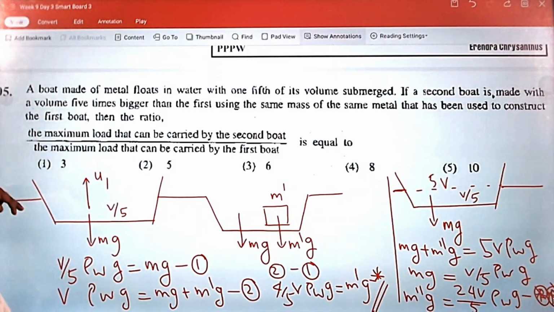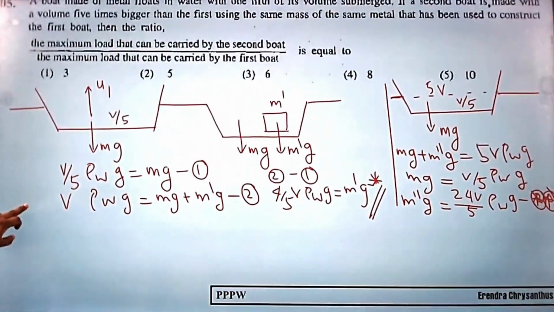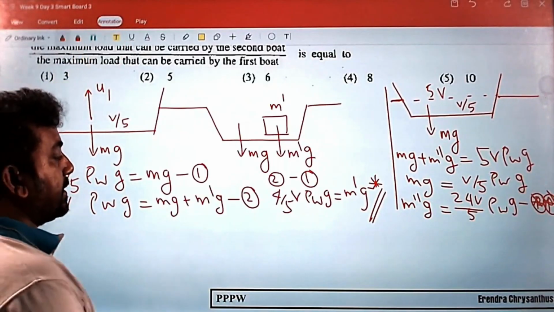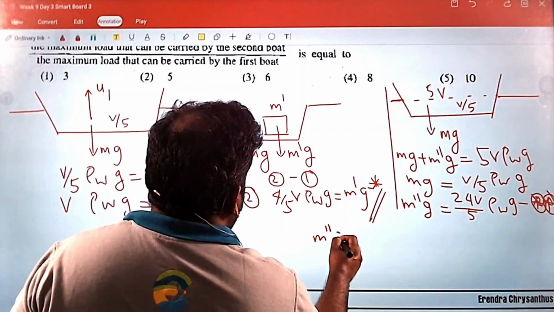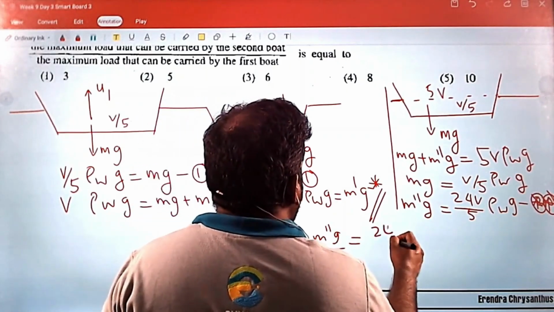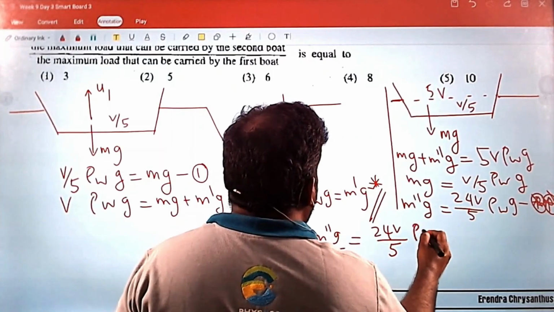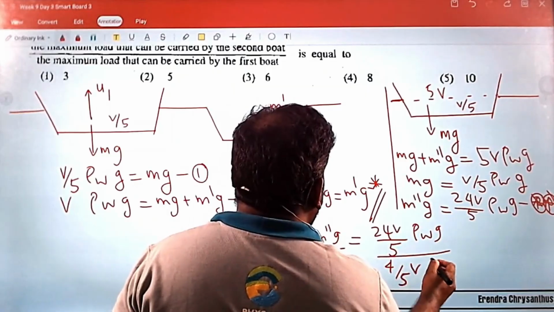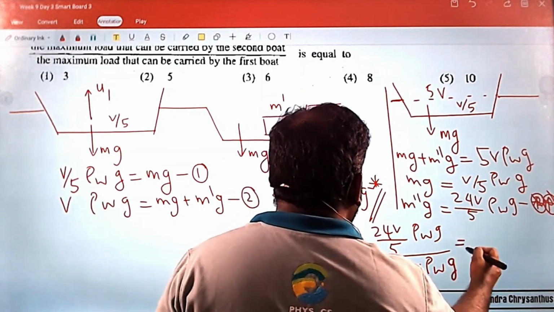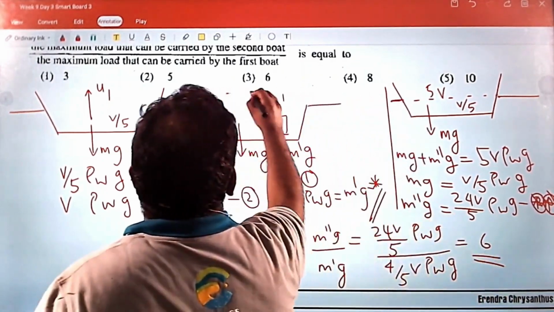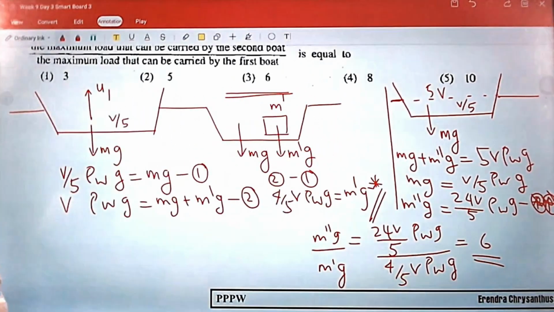So the maximum load that can be taken by the second boat, m double dash g, is 24V over 5 rho w g. Compared with 4V over 5 rho w g, simplify, that is 6. Answer is answer number 3.